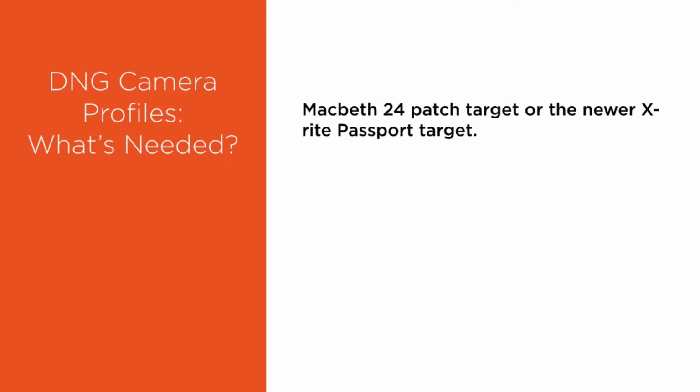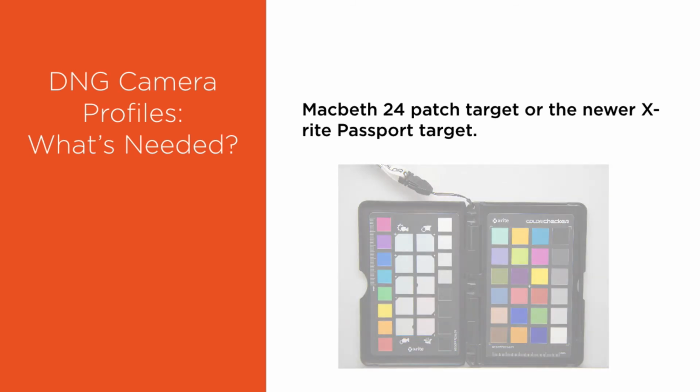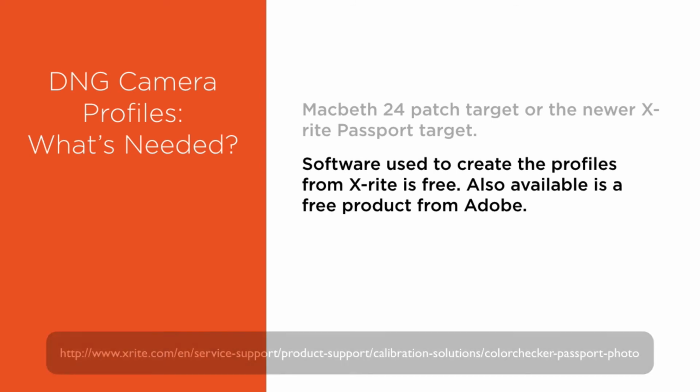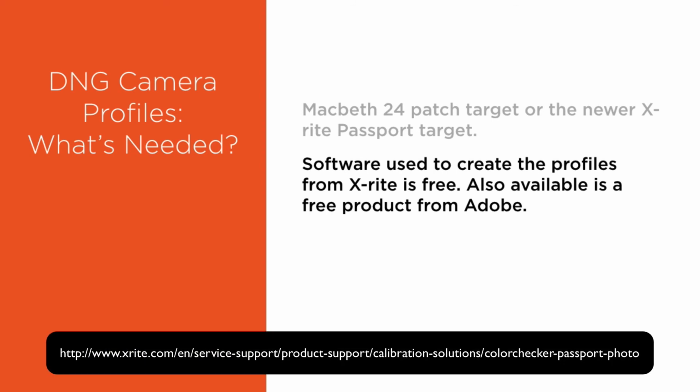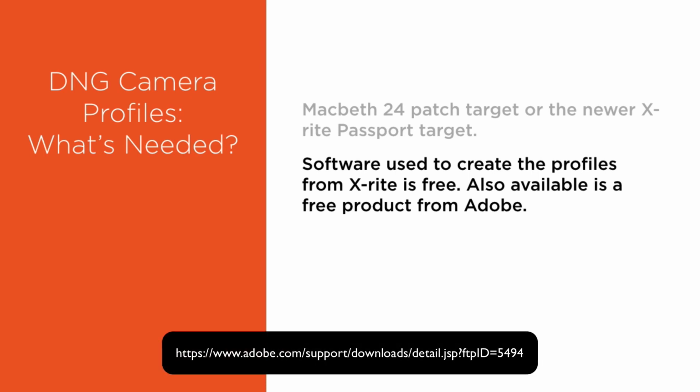So, what do you need to build a DNG camera profile? You simply need a Macbeth color checker, a 24 patch target, or one of the newer X-Rite Passport targets, which is very similar. If you own one of these particular targets, the software used to build these DNG camera profiles is absolutely free. You can download a copy from X-Rite on their website, or you can get the DNG Camera Profile Editor from Adobe, which builds these profiles as well as edit them.